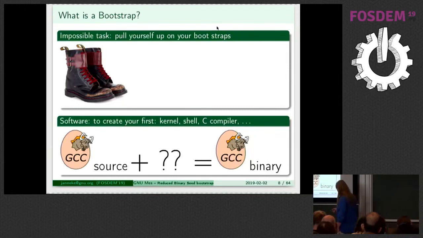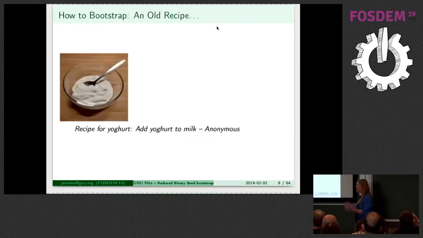You take the source for a program, you add something, and then you get the binary that you can run. And the thing is, this something. What do we do there? So we use an ancient recipe.